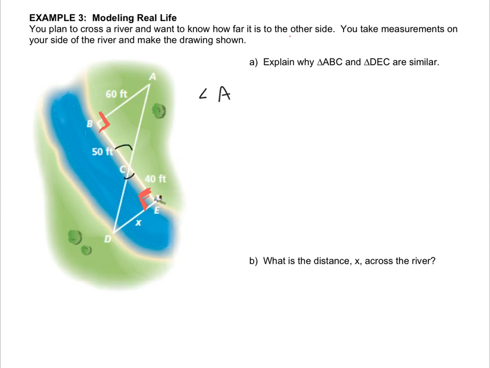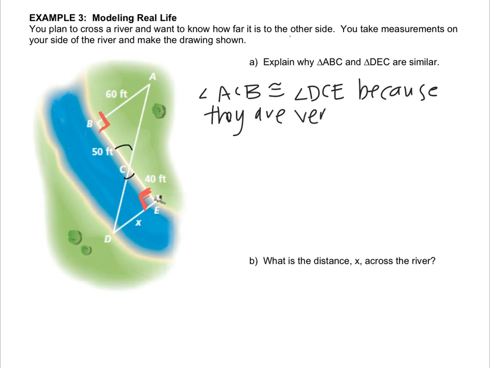Angle ACB is congruent to angle DCE because they're vertical angles. Remember, vertical angles are angles that are created when two lines intersect. And so now we have two angles the same.